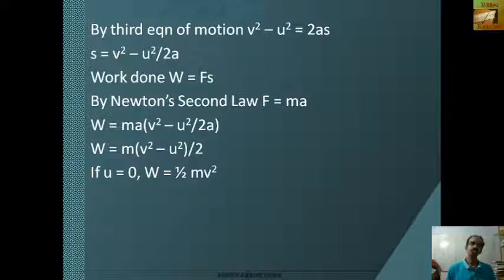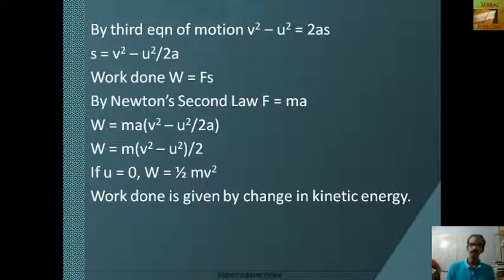If the initial velocity of the object is 0, then the work done becomes W is equal to half mv squared. Work done is given by change in kinetic energy. Hence, we can say that kinetic energy Ek is equal to half mv squared. This is the formula for finding the kinetic energy of an object moving with the velocity v and having a mass of m.